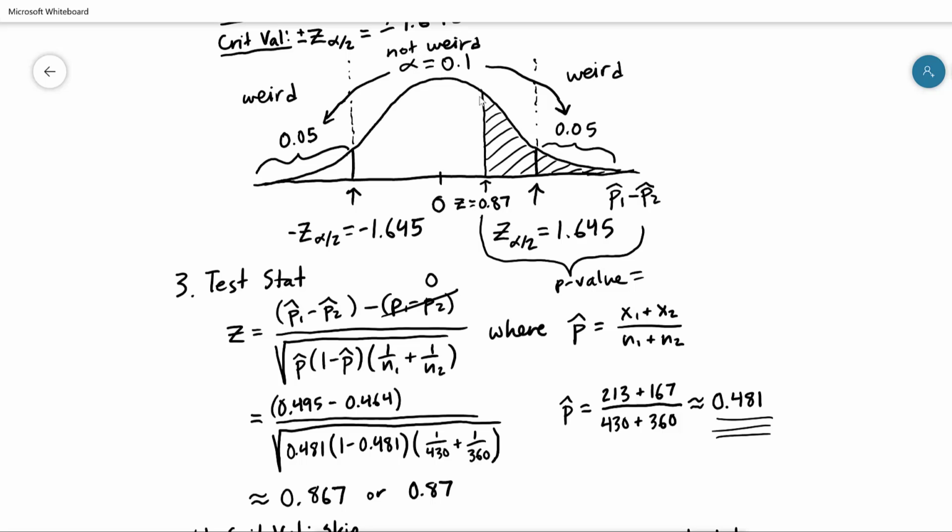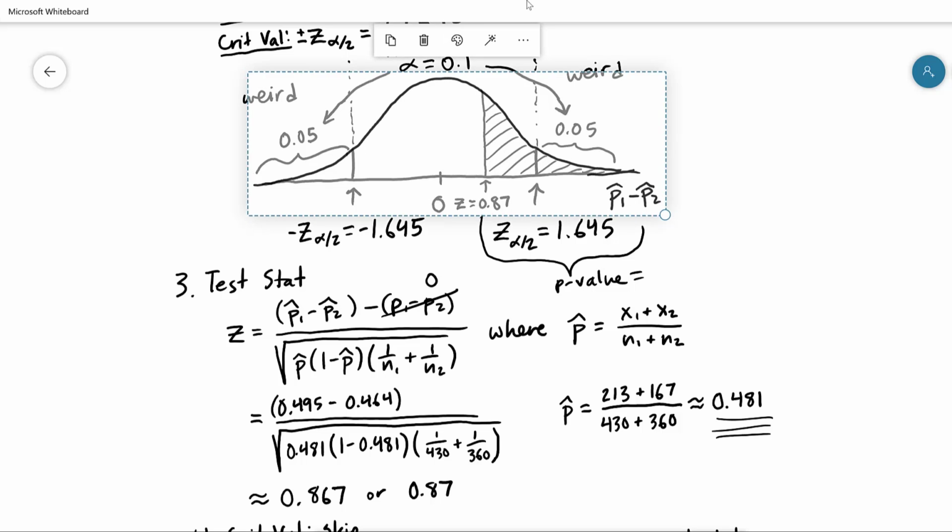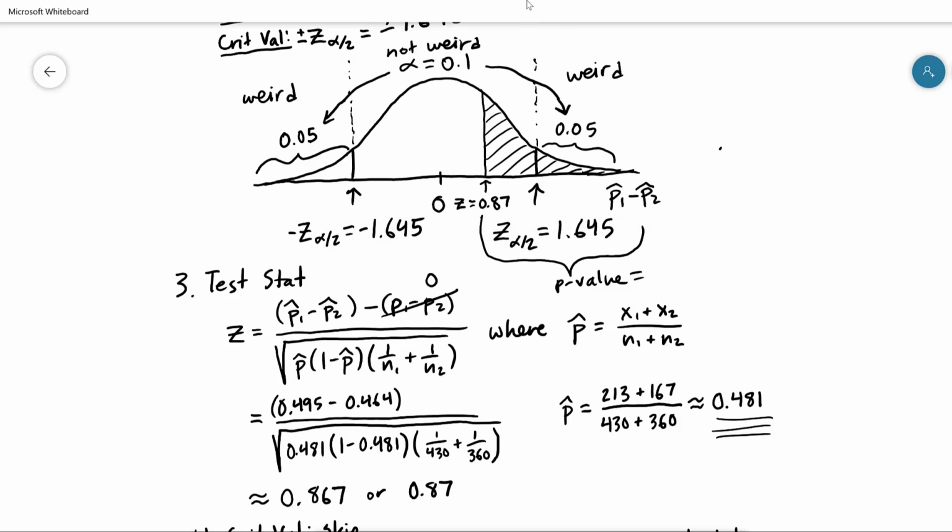So I can either just compare the values in one tail, which would mean this full shaded region, to just this 0.05 to alpha over 2, or I can find what, and this is the way that the book does it, they'll actually find the combined area of both that shaded region and its mirror image, and this combined area as well gets mixed into the p-value.